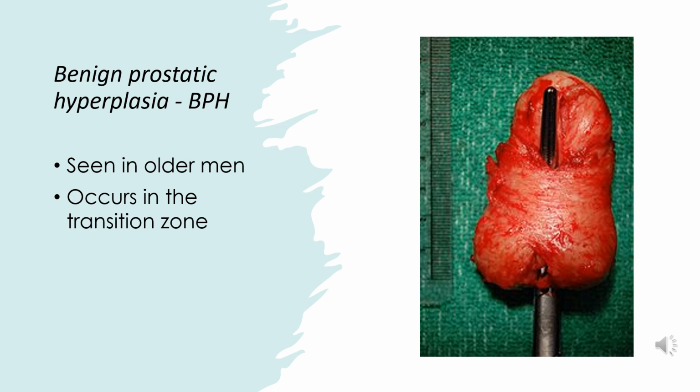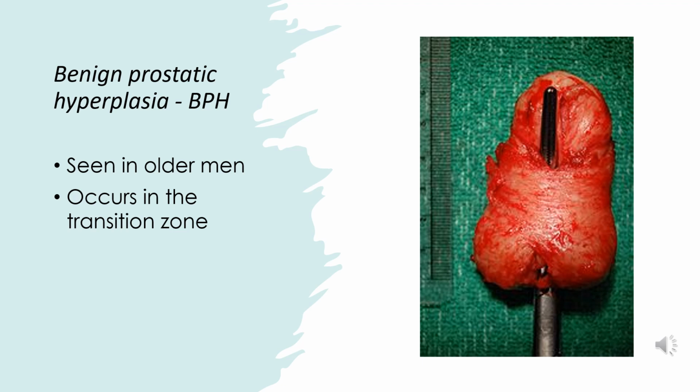This hypertrophy or hyperplasia typically affects the median lobe of the prostate gland. So the benign prostatic hyperplasia commonly involves the median lobe, which in turn leads to compression of the prostatic urethra and obstruction to the urine flow.